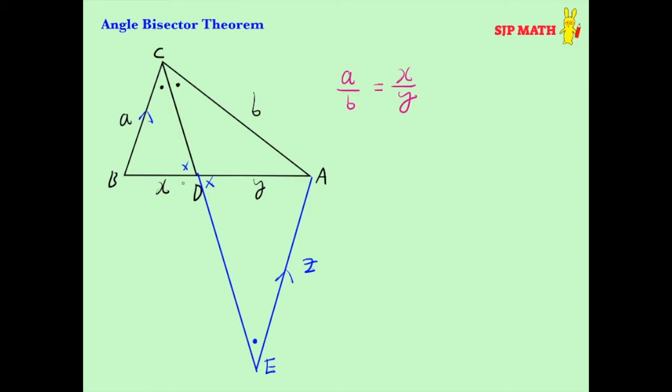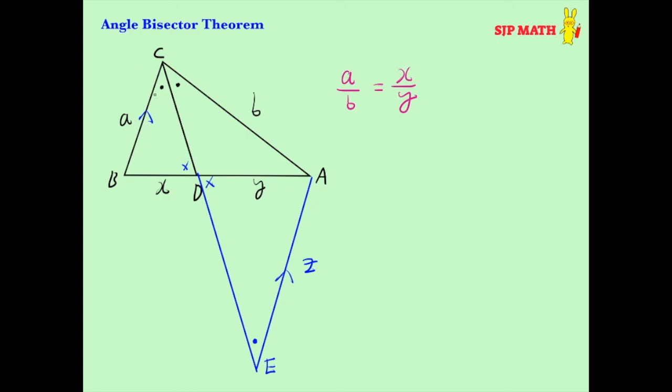Okay, so we've done some angle chasing and found some congruent angles, and we're going to use these to find some similar triangles now. So let's change our ink to black first. Okay, so we see that angle BCE is equal to angle AEC and angle BDC is equal to angle ADE.